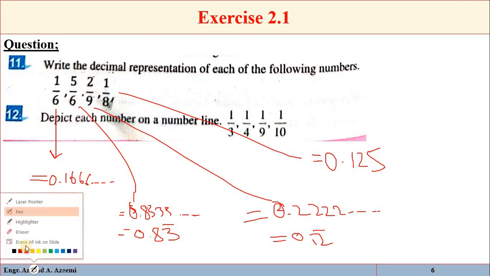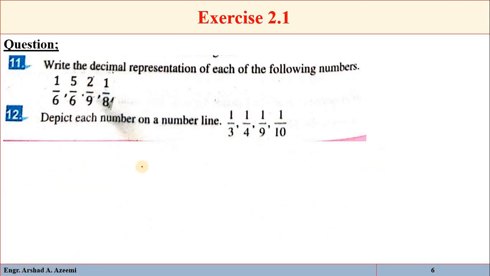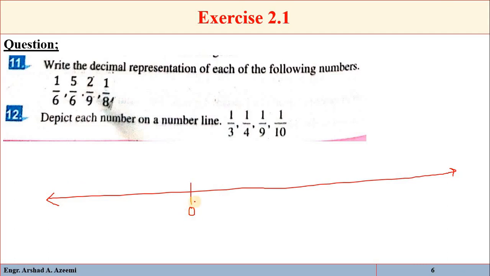Question number 12, depict each number on a number line. First you have to draw a number line according to some respective scale, and take a convenient point on it as the 0 point. Now take points at equal distances 1, 2, 3, 4, 5, 6, 7, 8, 9 and 10.